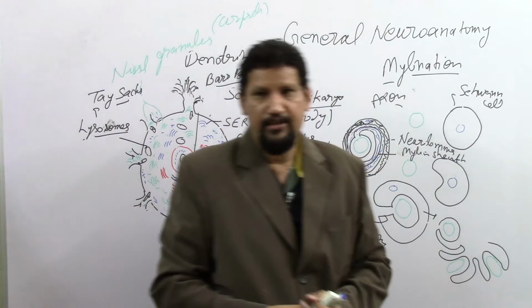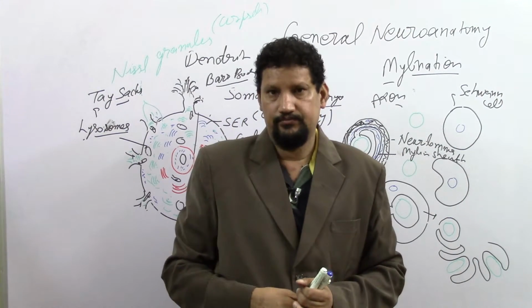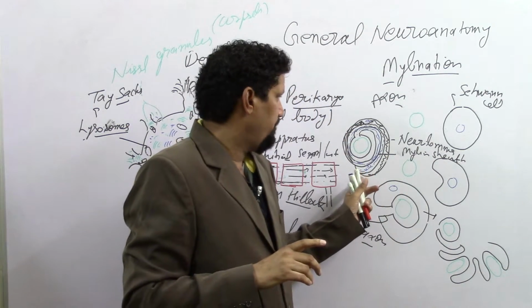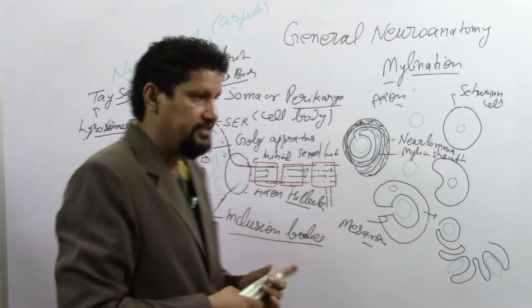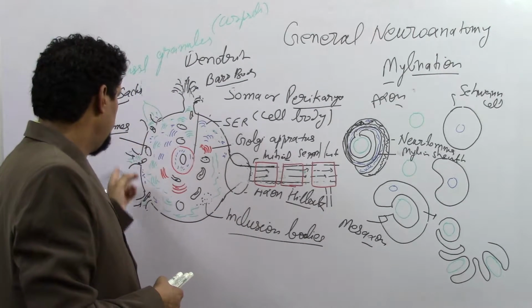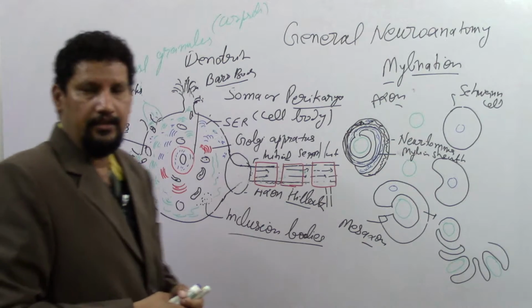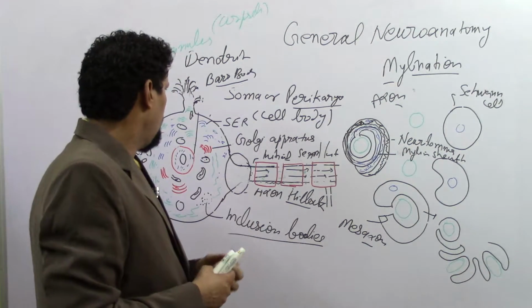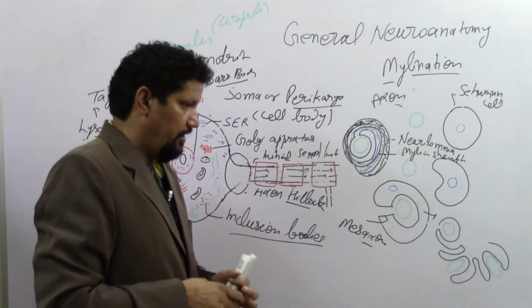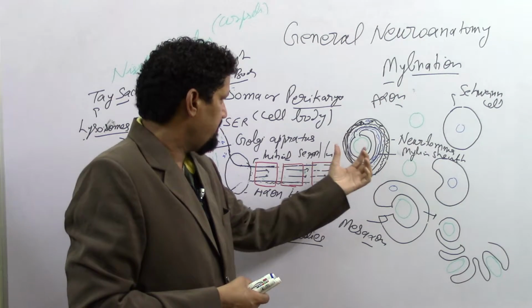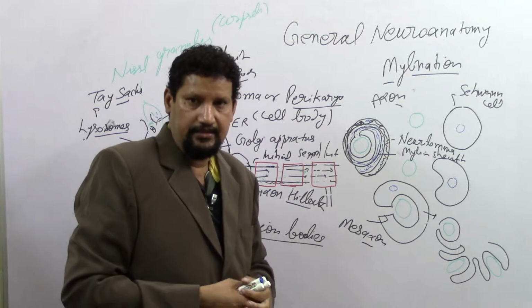Now, what is white matter and what is grey matter? Here you have seen the myelination, you have seen the cell body or soma, and you have seen the small arborized processes known as dendrites. Myelin is formed by a combination of lipids and proteins.